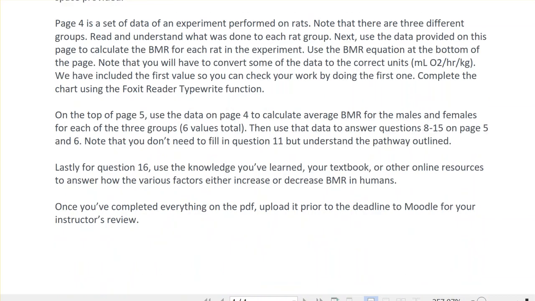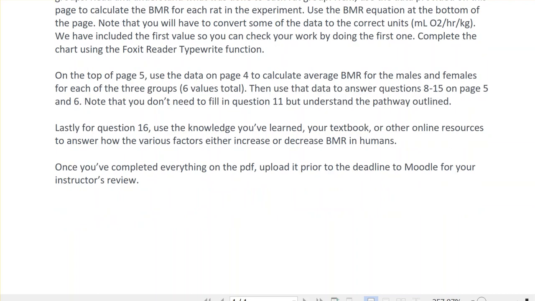Then the second piece of the lab is all the rat data, and you're going to be calculating a basal metabolic rate for a bunch of rats, male and female, in 3 different groups. You have 2 variable groups and 1 control group. Then you're going to use all of that data to draw some inferences about the metabolic rates and treatments that your rats were given.